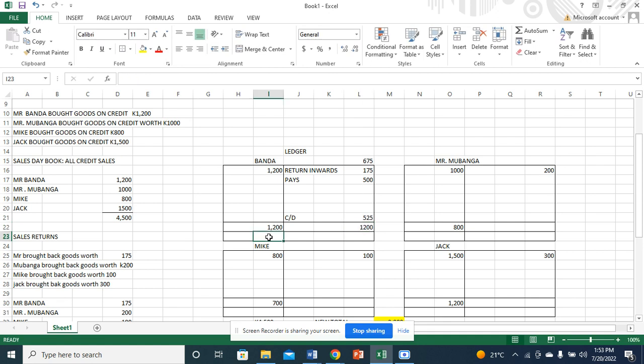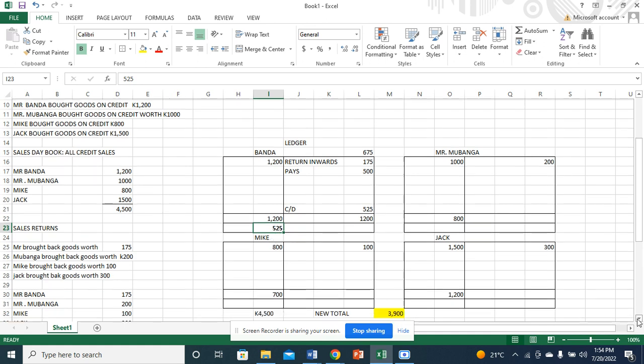Banda is now owing 525 kwacha. He returned goods and has now paid the 500, so he's now owing 525.